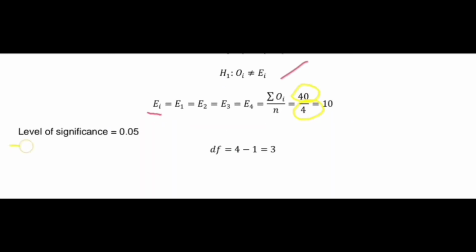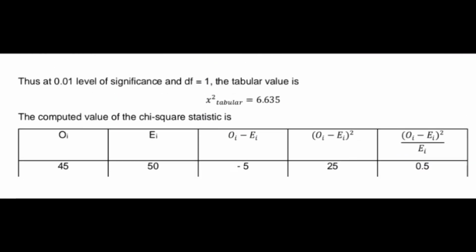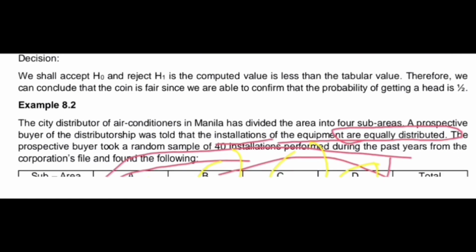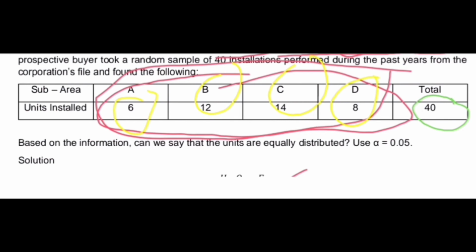We have here the level of significance. We get it here in the problem where we have to use 0.05 level of significance.